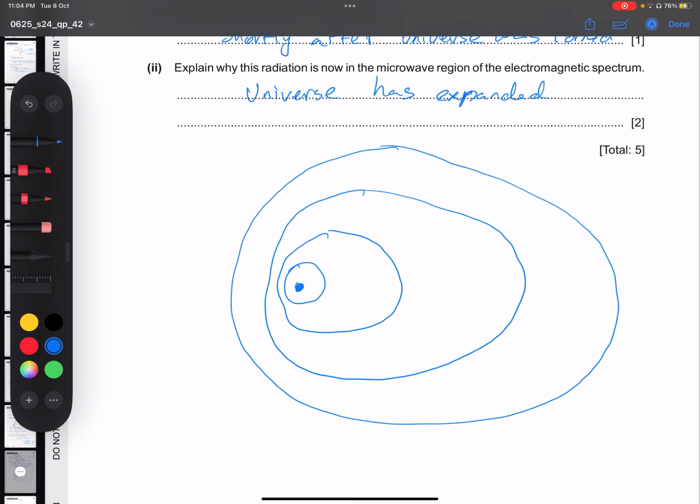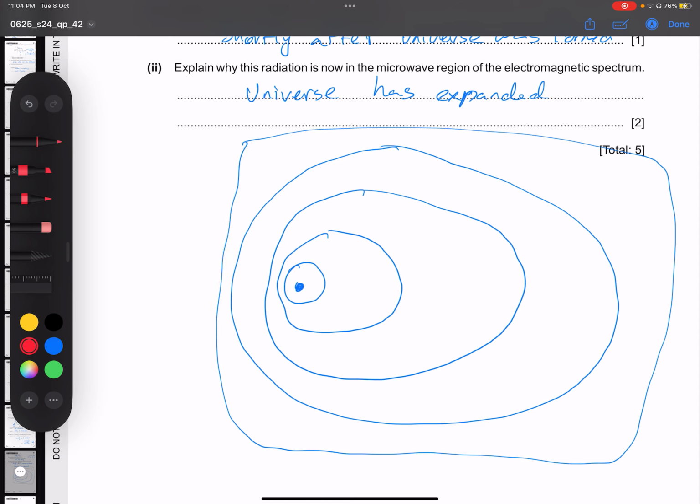The total section of the universe has expanded, and the actual radiation that's produced has been redshifted, similar to what I explained in the earlier case.